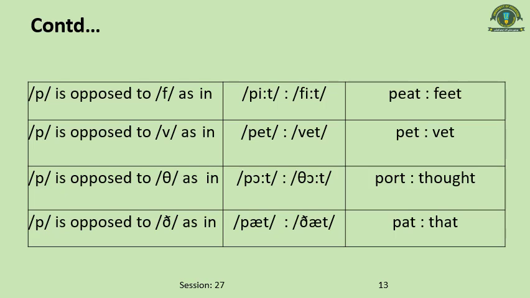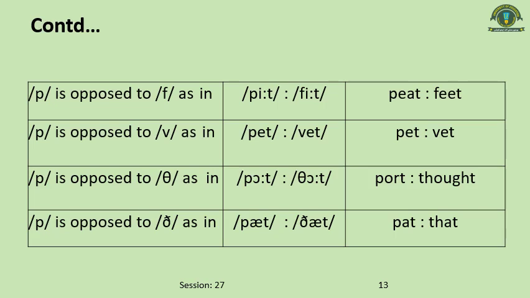The next one is /p/ as opposed to /v/, as in pet and vet. /p/, e, t, pet. /v/, e, t, vet. Spellings are P-E-T, pet; V-E-T, vet. So please do not pronounce it as wet, W-E-T. No. It is upper teeth, lower lip, vet.